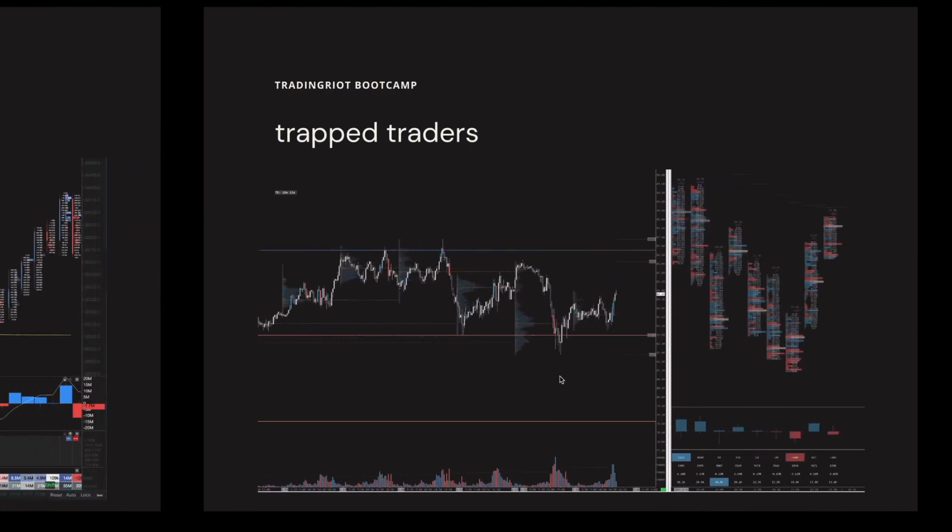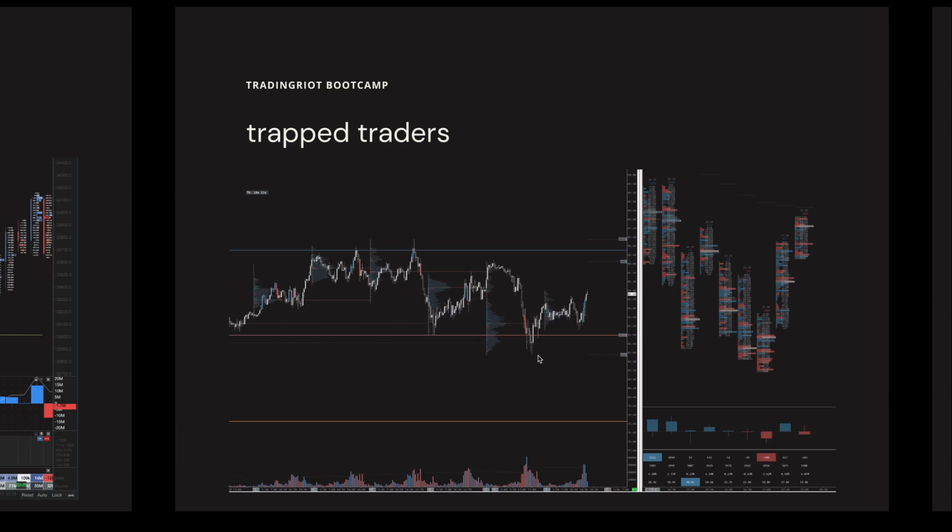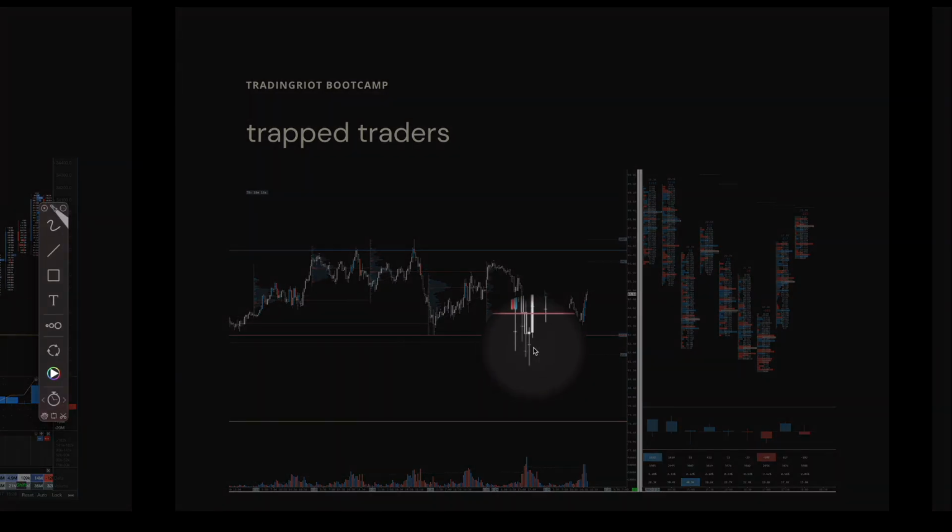Okay, if you can see these small lines here, let me show you. These small lines inside the wicks, we will talk about them in a bit. These are the points of control for each candle. This is your non-footprint confirmation that there is positioning stuck at the downside.